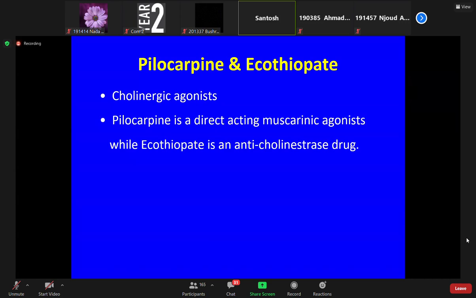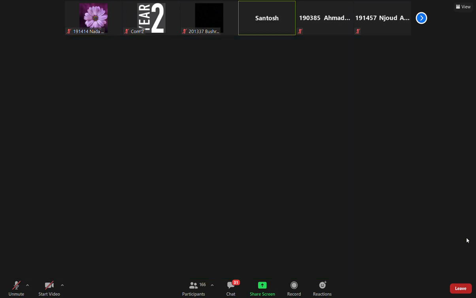Pilocarpine works on the muscarinic receptor, so it's a cholinergic agonist, direct acting. Ecothiopate is an acetylcholine esterase inhibitor, so it increases the acetylcholine concentration in the synaptic cleft and increases the effect of acetylcholine. That's how it's an indirect agonist. Is that clear?